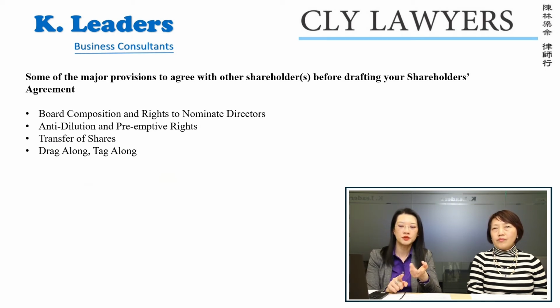A lot of the time, the major shareholder would want a right to drag the minority shareholders along to follow them and sell their shares. Like if a professional investor comes in and wants to buy your share, and they want to buy the entire company. So a lot of times the majority shareholder would want to include that provision in the shareholders agreement.